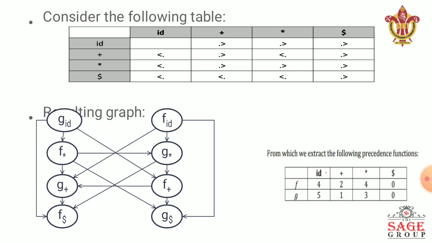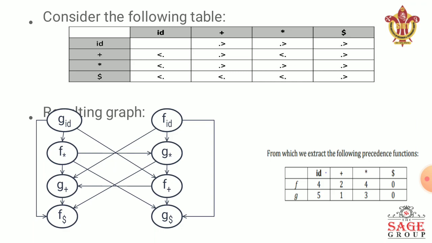Similarly, f of id is connected with g of star by the greater than sign. So we use these precedence values to generate our precedence graph.